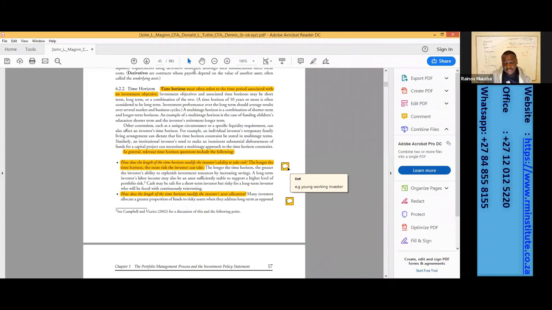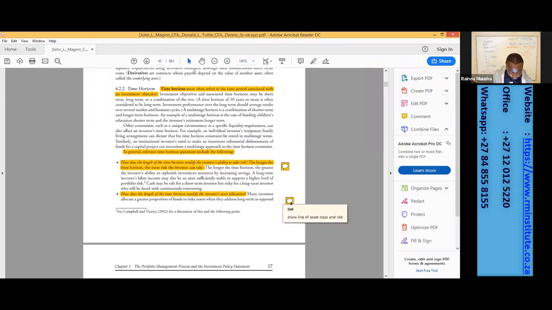Why? Because they have a young workforce. If they have a young workforce, it means that they have a longer period of time before they need to access the money in the pension fund, and because of that, it also increases the ability to take risk. But if they have an older workforce, or if it's an older person, it reduces the ability to take risk as well. The second one is, how does the length of time modify the investor's asset allocation?